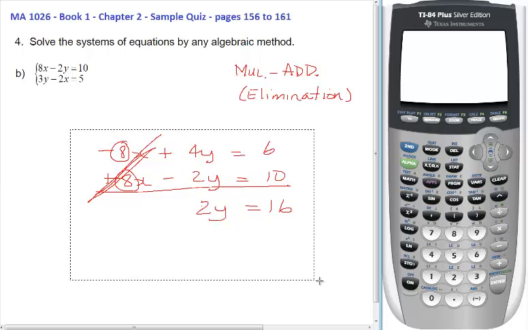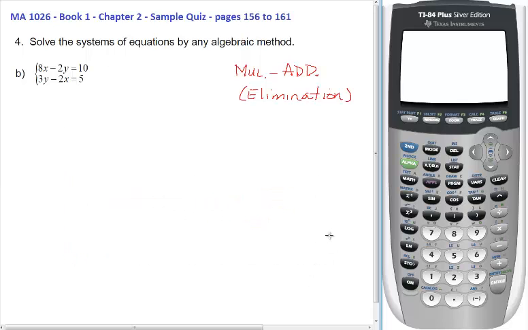Now make sure the equations are always in the right order. We're used to having the x term, the y term, then equals a number. Now look at the bottom one. They got y under x. Not a good thing. They're trying to make sure you understand that they should be in proper order.